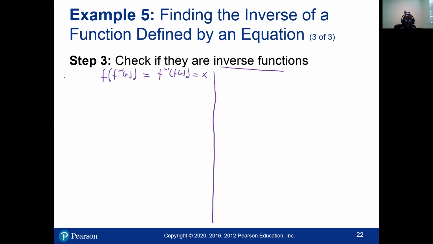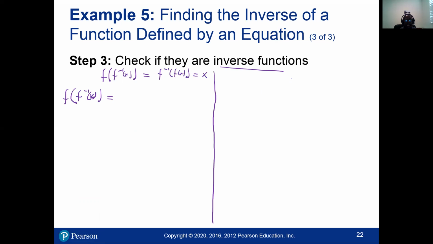So we're going to do each one. First, let's do f composed with f inverse of x. Let me erase so I write it well. It means that wherever we see x in f, we plug in the whole f inverse of x.